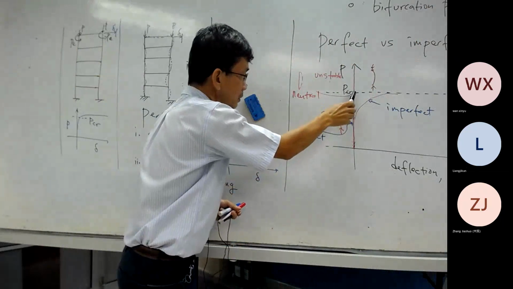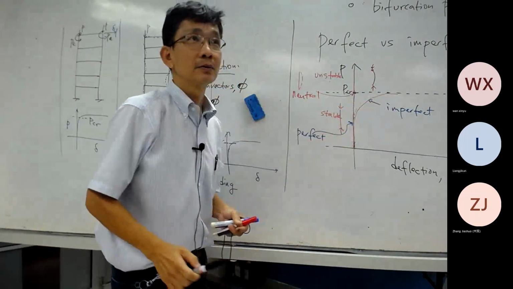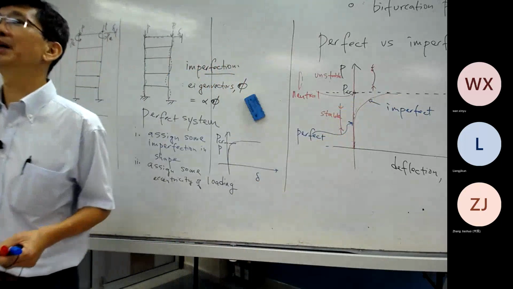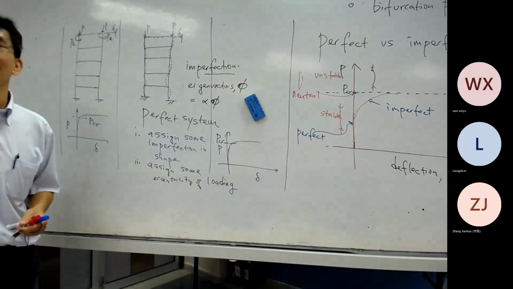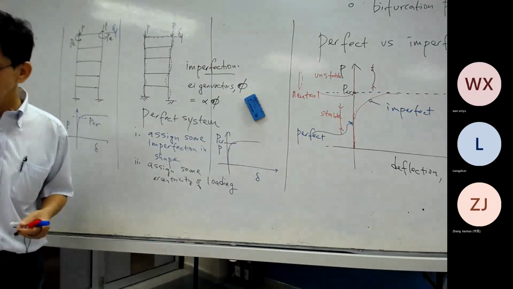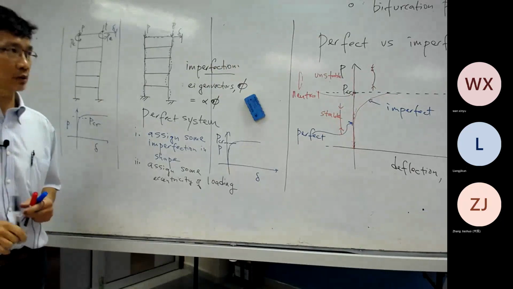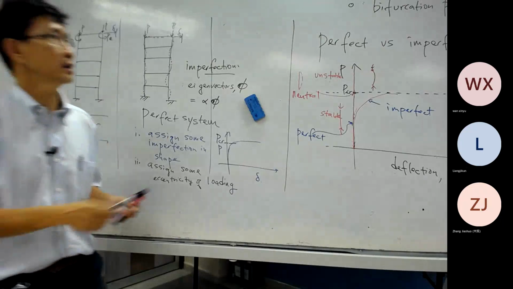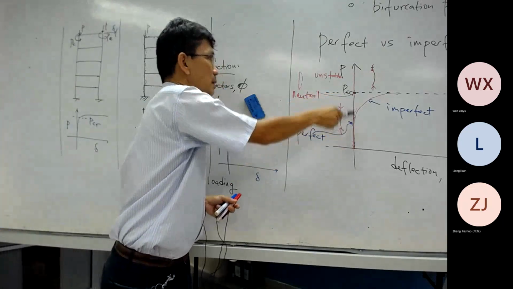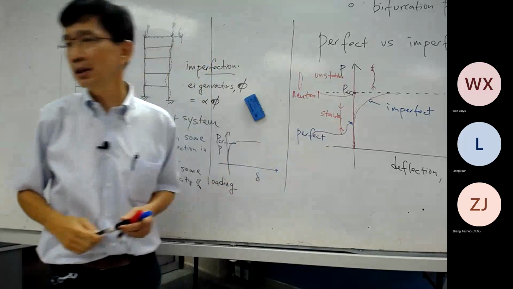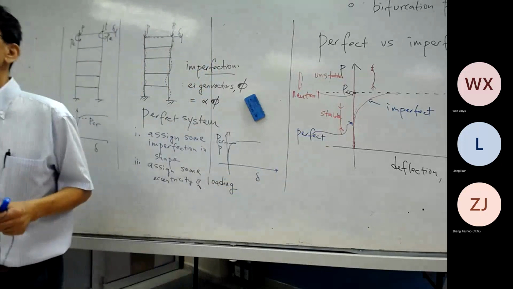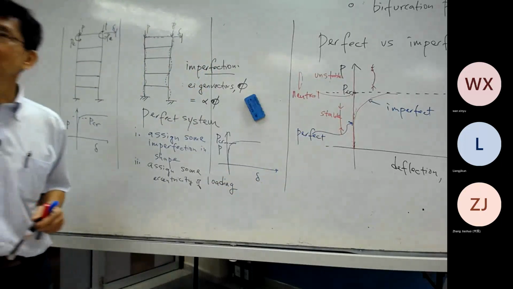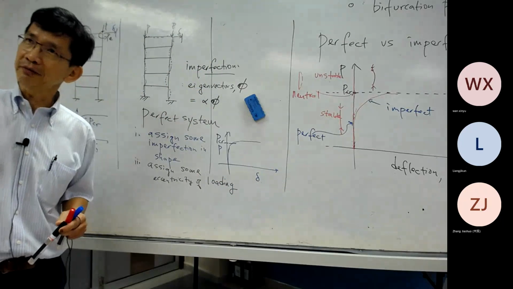Okay, it can bifurcate. Here it can go this way, it can go that way. For perfect system, it's a bifurcation point. So I would like to end here by saying that the bifurcation point, which is lying on this axis here, is only possible in perfect system.